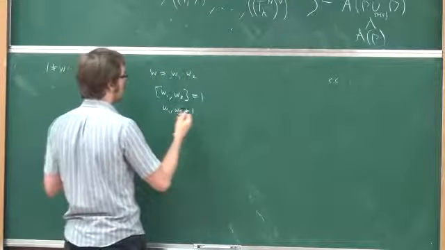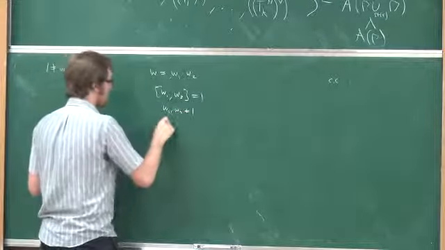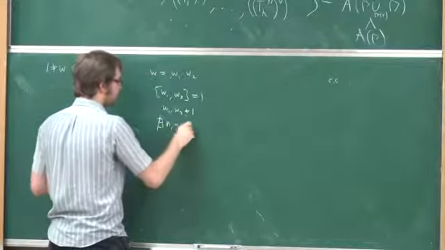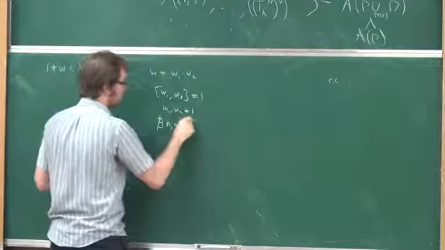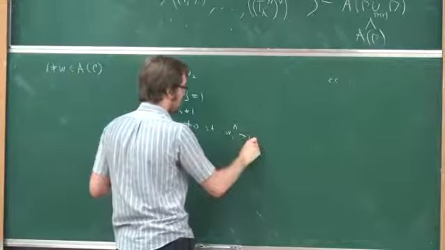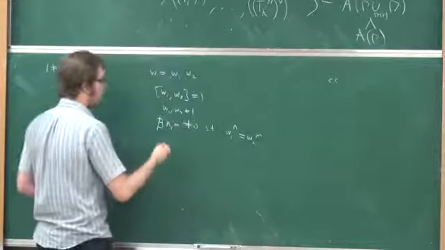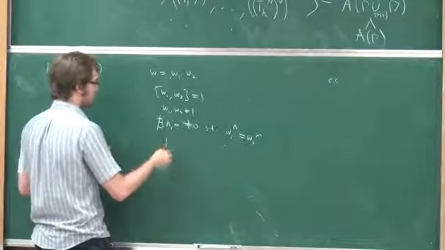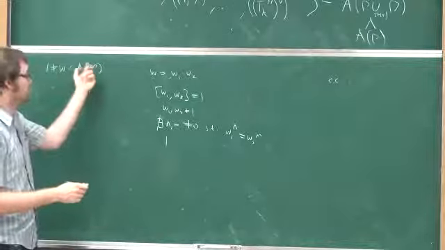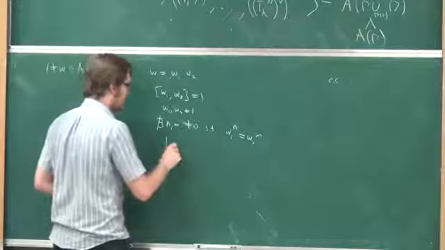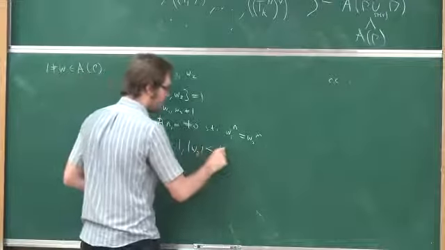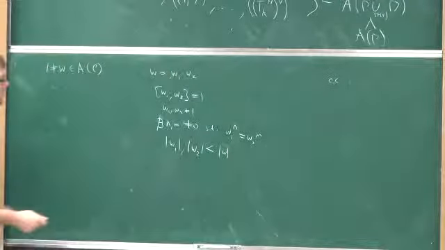Also, they shouldn't be proper powers of each other. And furthermore, their lengths in the word metric, so the shortest expression in the generators of A of gamma that's needed to express them, is strictly shorter than the length of W.